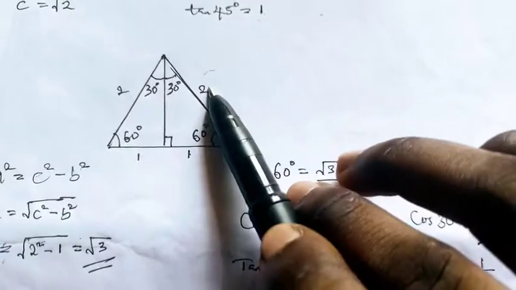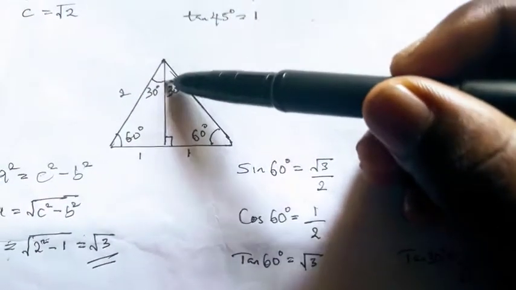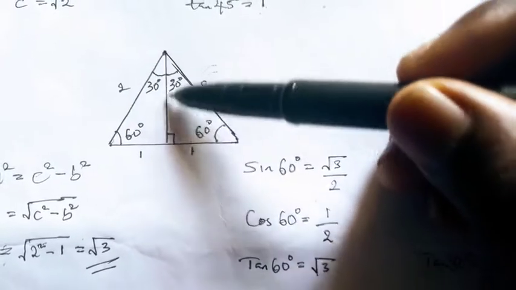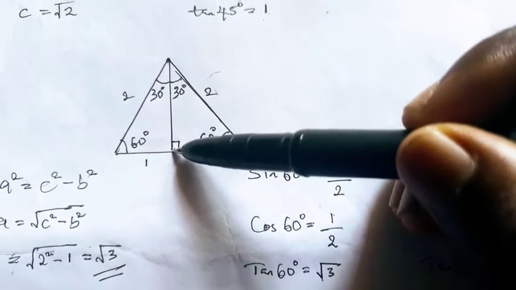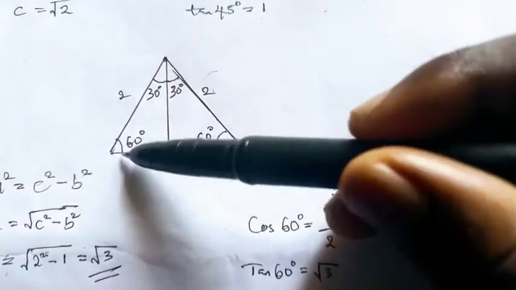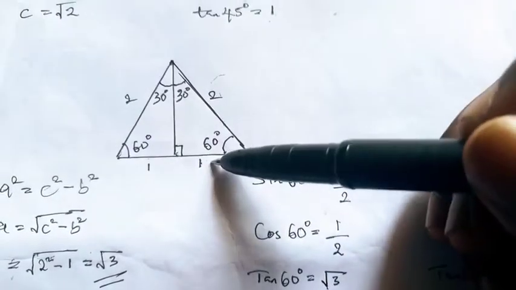So this is 2, 2 here, and also 2 here. And here you can see that I have drawn a line from the midpoint at this point down to this bottom point. Since I have done that from the midpoint, this side has been divided into 2 equal halves, which is 1 and 1.